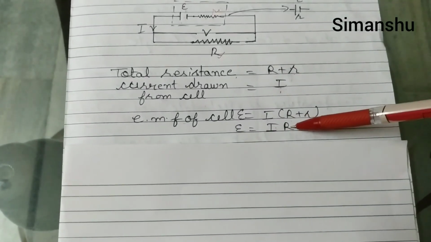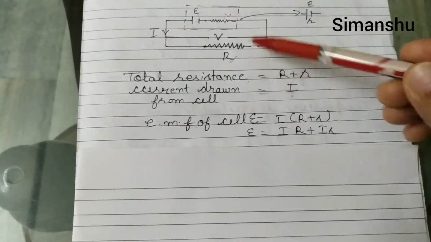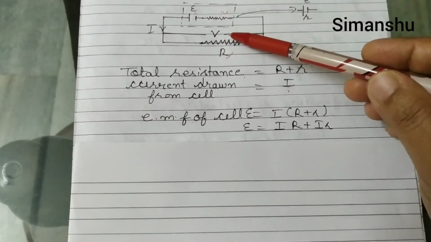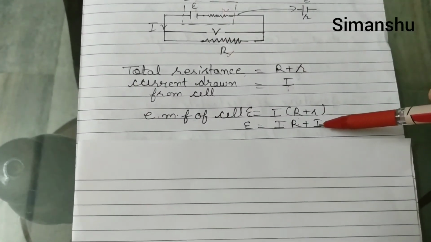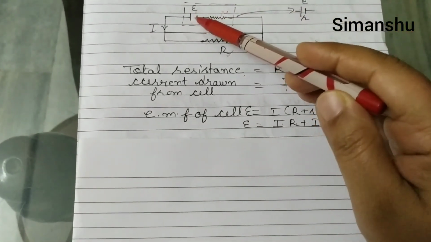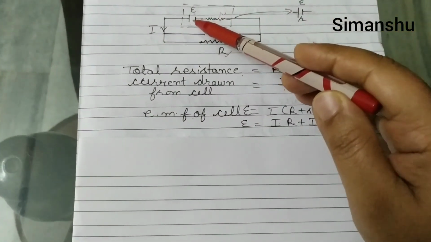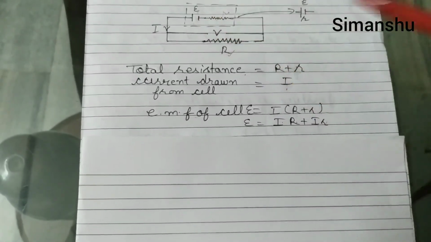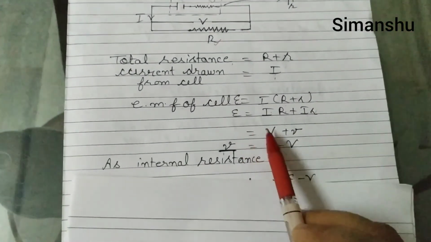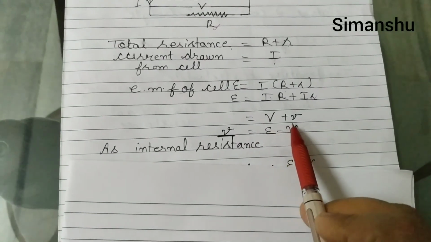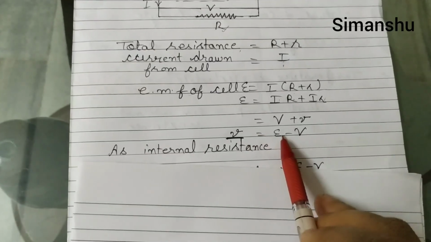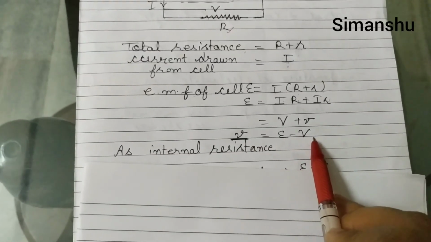On multiplication of these, we get V. What is it? The terminal voltage. And when we multiply current with internal resistance, we get the voltage drop inside the cell. Hence, we can write this equation as epsilon is equal to V plus small v, or the voltage drop, small v, is equal to epsilon minus V.